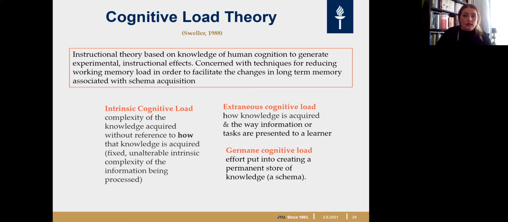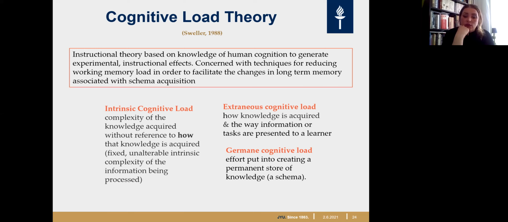First one is intrinsic cognitive load, which refers to the complexity of the knowledge acquired without reference to how that knowledge is acquired. So it's the intrinsic complexity of the information. It's fixed, unalterable, and it's the complexity of the information being processed.